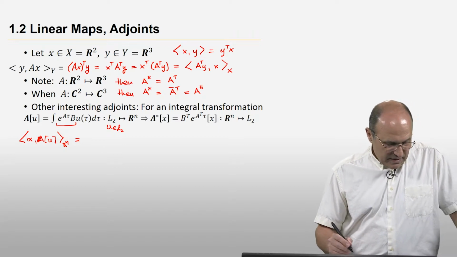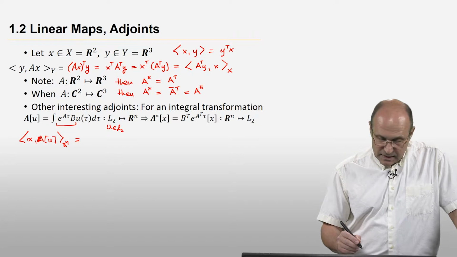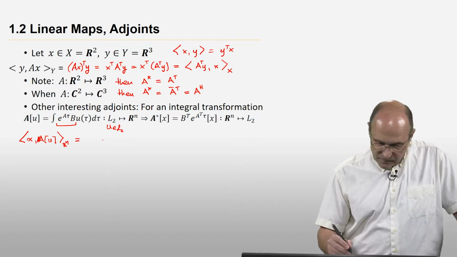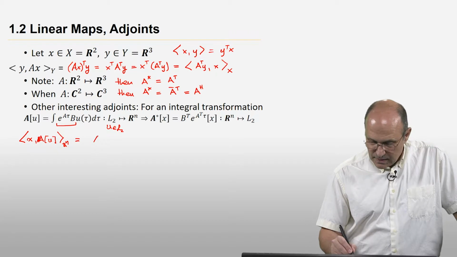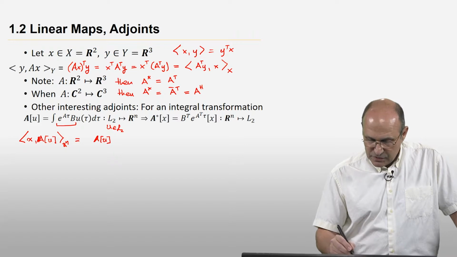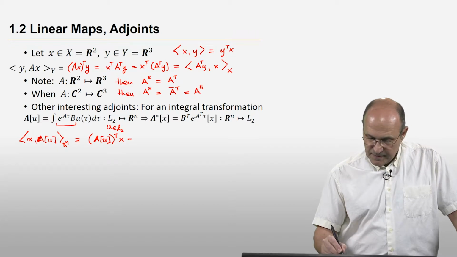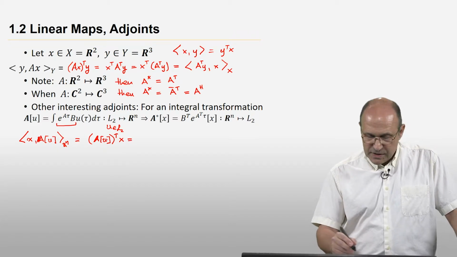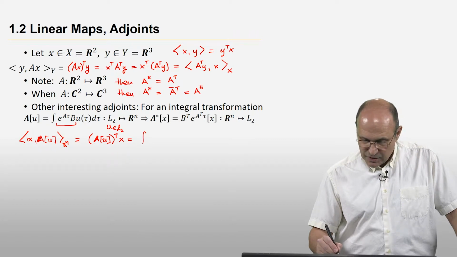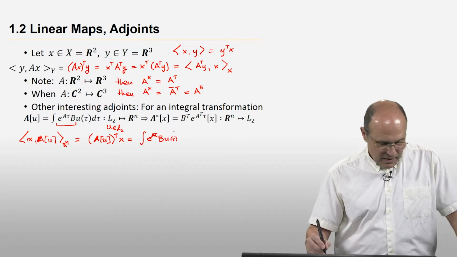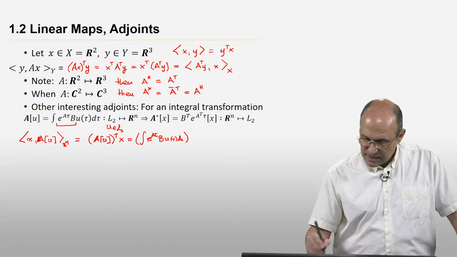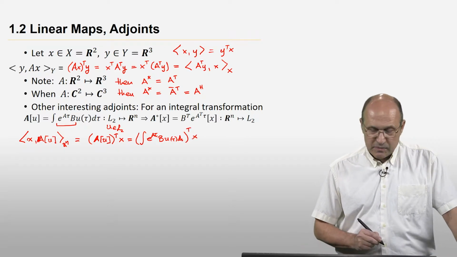Now this is, according to the inner product in Rn, going to be the vector AU transpose x. Now AU is the integral operation, so I'm going to write it as an integral of e to the A tau B u of tau d tau, and take the transpose of that, multiplying x.